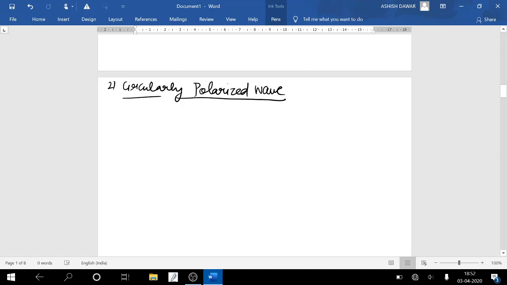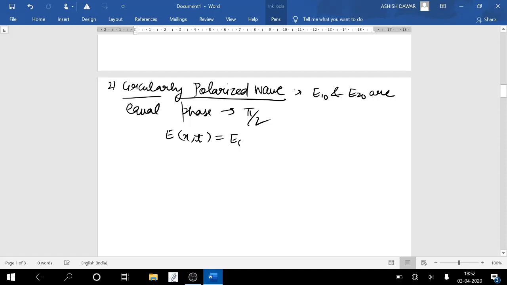Okay, so in this case the magnitudes of E10 and E20 are equal and differ in phase by pi by 2. So if we write the linear combination E(x,t), it equals E naught (epsilon 1 plus or minus iota epsilon 2) exponential iota (k dot x minus omega t).